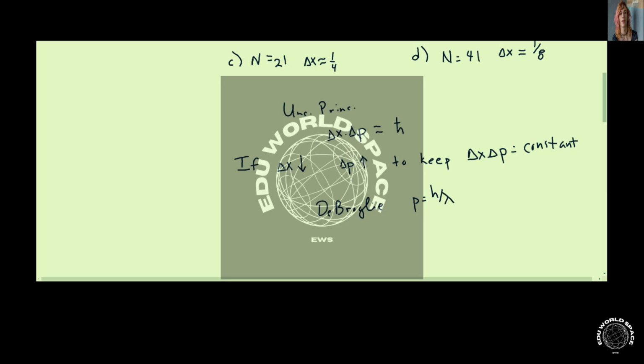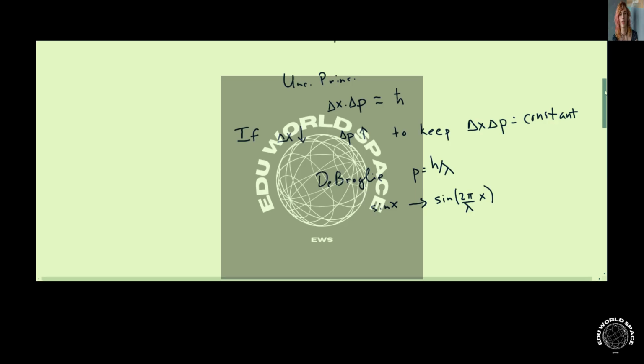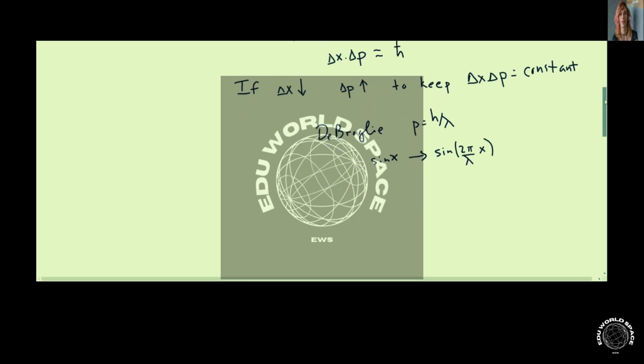In each of those terms, if you take the sine of x, for example, this is equal to the sine of 2 pi over lambda times x, which can be written in terms of the wave number or the wavelength.